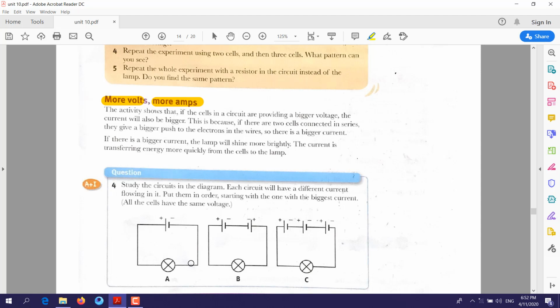If you add more volts, what does that mean? It will be stronger.